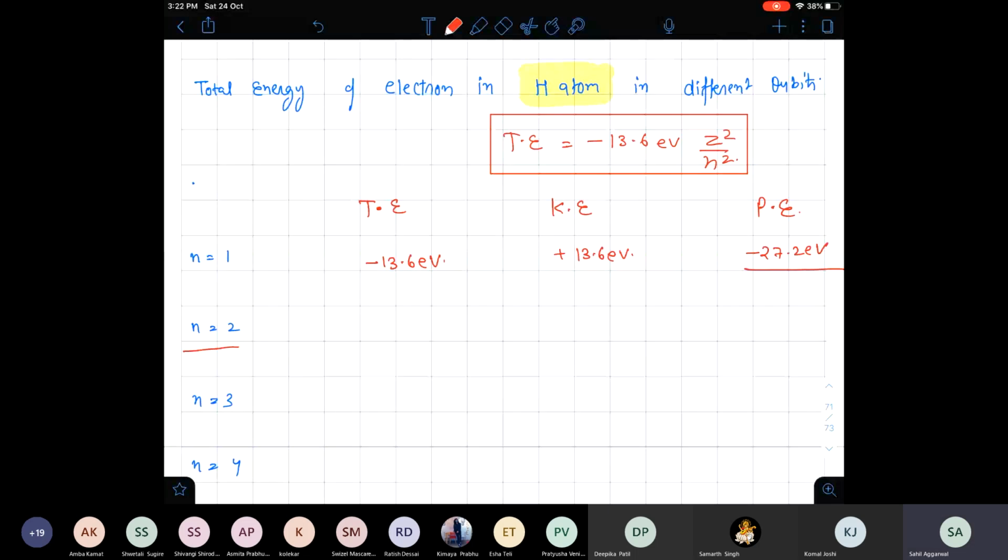Let's move to n equal to 2. For n equal to 2, total energy, hydrogen atom, kinetic energy, potential energy.